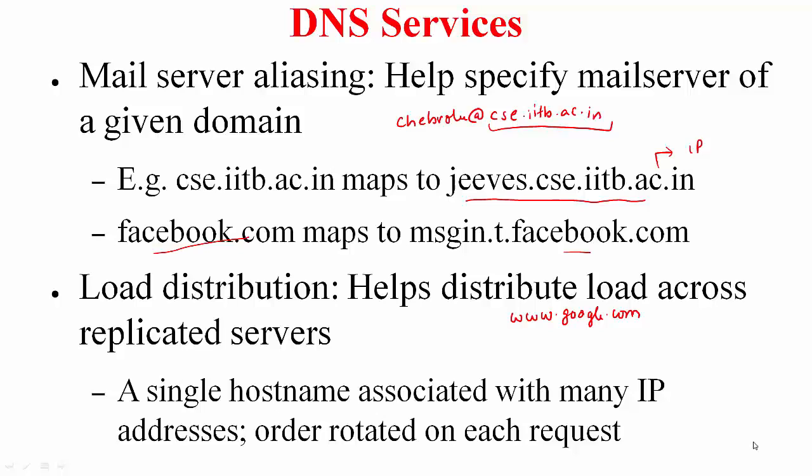The way this is handled by DNS is when you ask what is the IP address corresponding to this, it will give many IP addresses. And what DNS does, it is going to rotate the order of the IP addresses. The clients normally act on the first IP address. In case they are not able to establish a connection to that particular IP address, then they take the second IP address, and so on. I will show this in action in an upcoming demo.